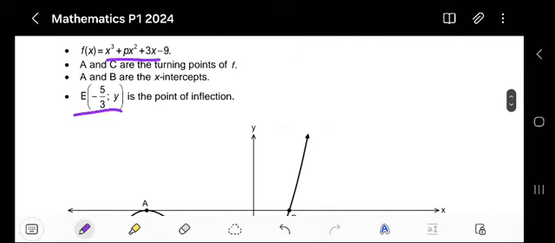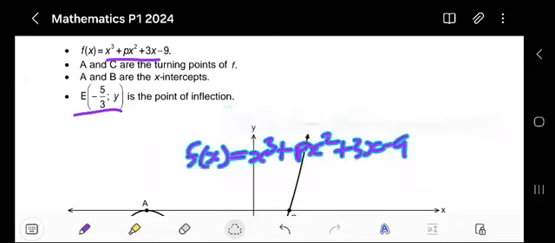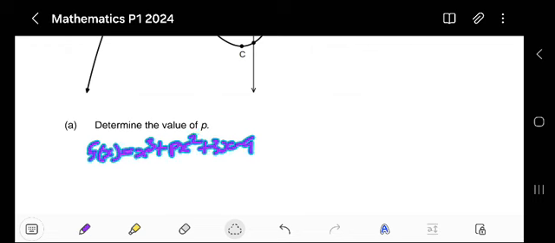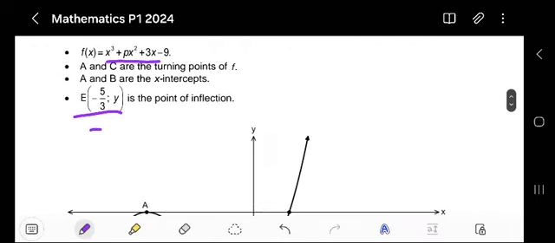We know we have f of x equals x cubed plus px squared, as we are given there, plus 3x minus 9. By the way, here we have also E, which is there.